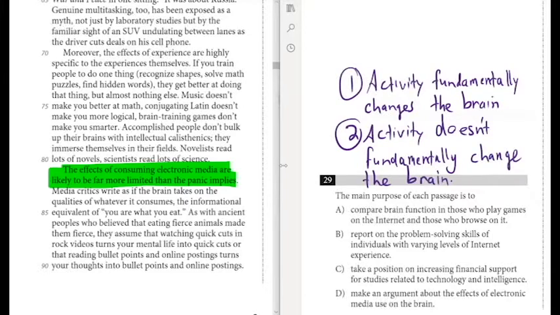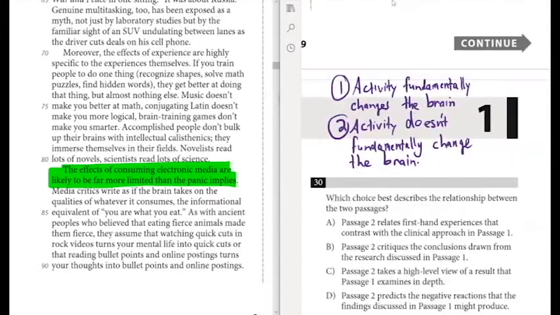So we have a nice, simple pro and con pair of passages. This all matches answer choice D, making an argument about the effects of electronic media use on the brain. Does that electronic media use change the brain, like passage 1 says, or does it not fundamentally change the brain, like passage 2 says? So the answer for 29 is D.